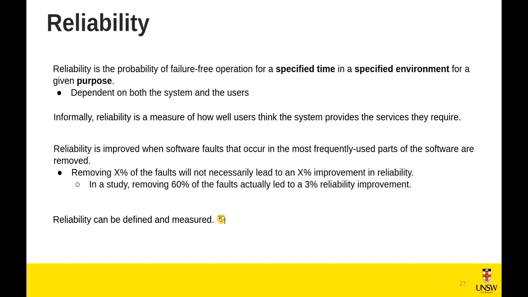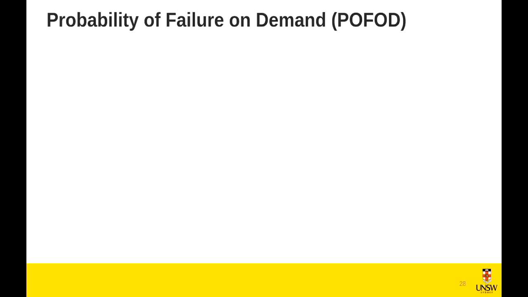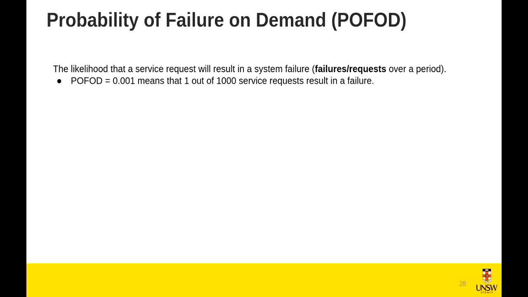And just now we talked about how reliability could be defined, and let's see how we can measure reliability. So what kind of metrics can we use here? The first metric is probability of failure on demand.